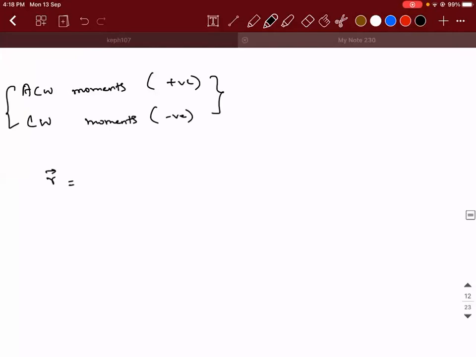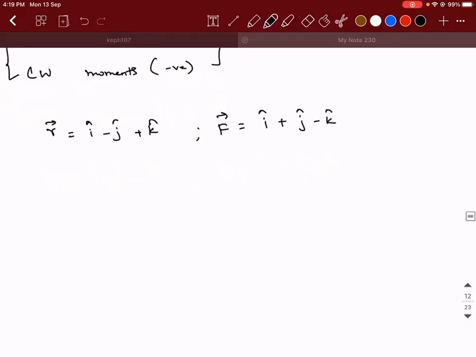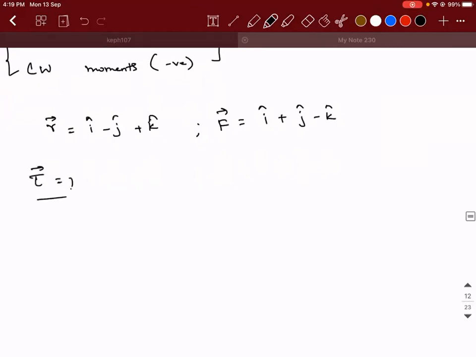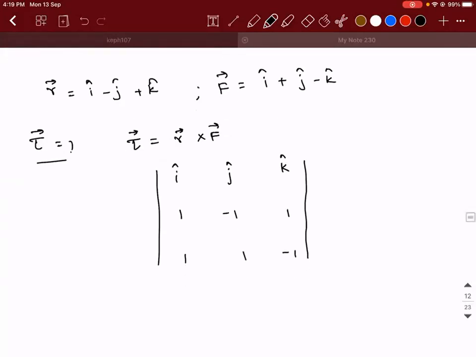Suppose r vector is given as i cap minus j cap plus k cap, and f vector is equal to i cap plus j cap minus k cap. Find torque. So how to do this problem? r vector cross f vector. You remember this method? It's called the determinant method. i cap, j cap, k cap, and at the bottom, 1, minus 1, 1, 1, 1, minus 1.